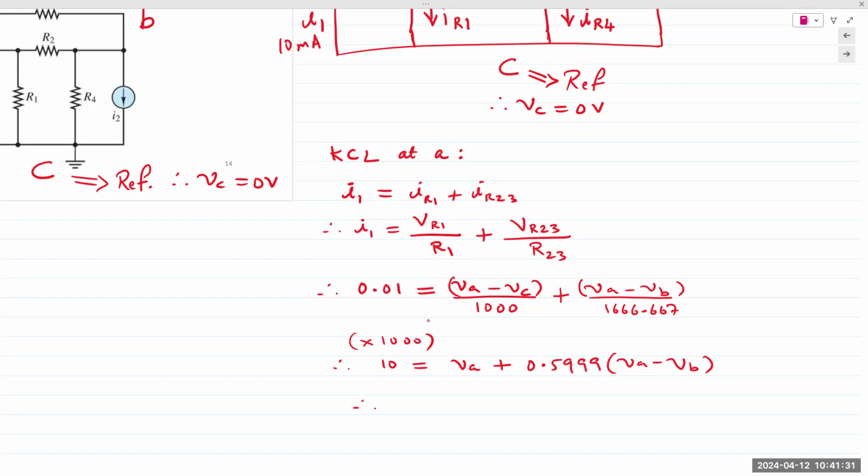Rearrange the terms and I get 1.5999 VA plus, oh, sorry, not plus, minus 0.5999 VB equals 10.